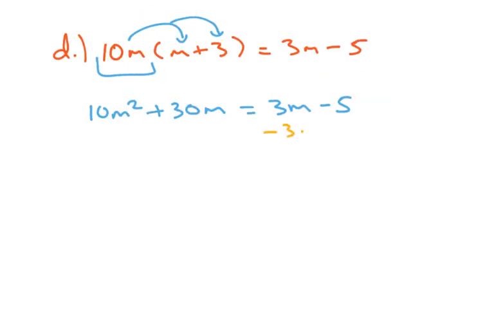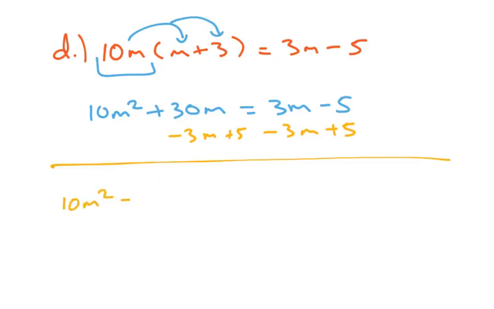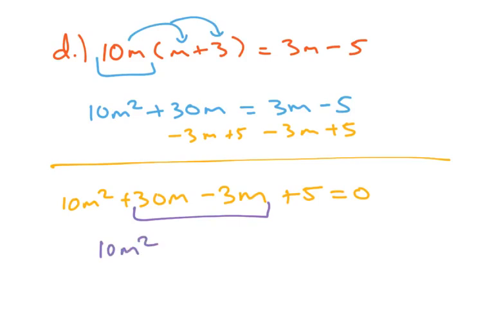So I'm going to subtract 3m. I'm going to add 5. And I'm going to get 10m squared plus 30m minus 3m plus 5 equals 0. Combine like terms. 10m squared plus 27m plus 5 equals 0.